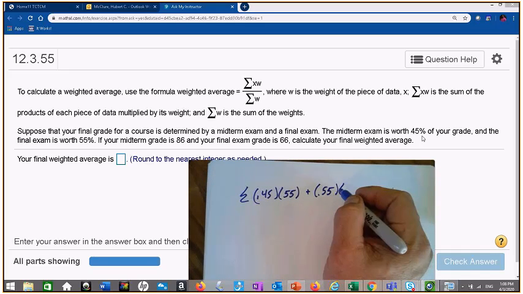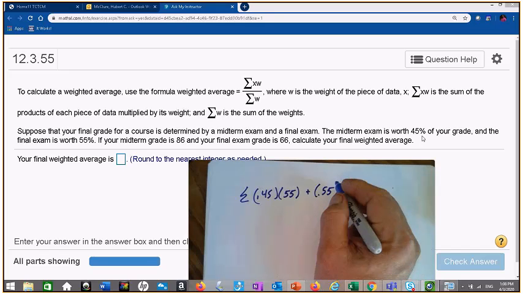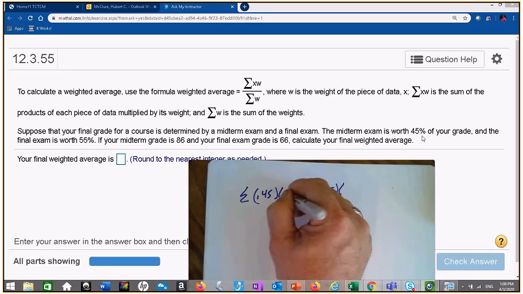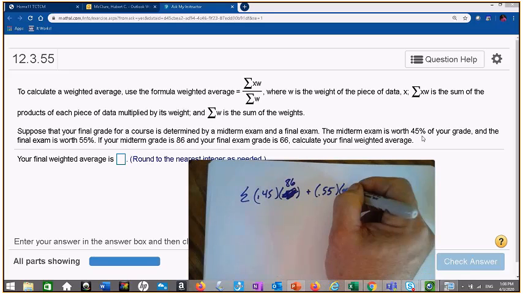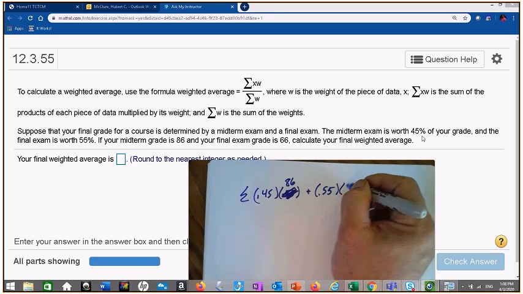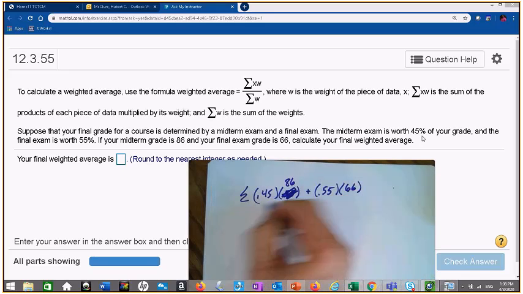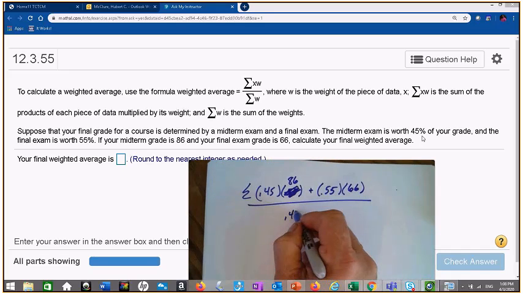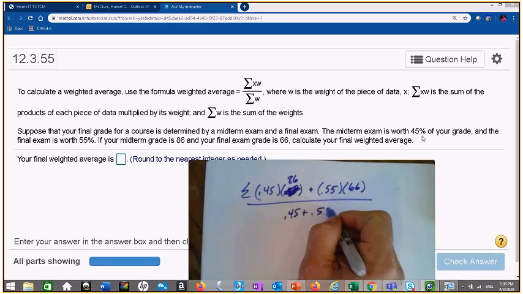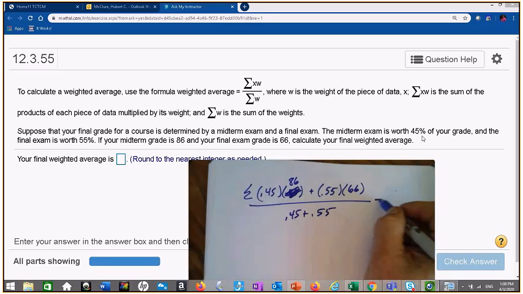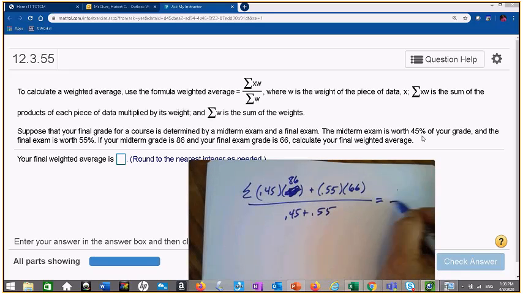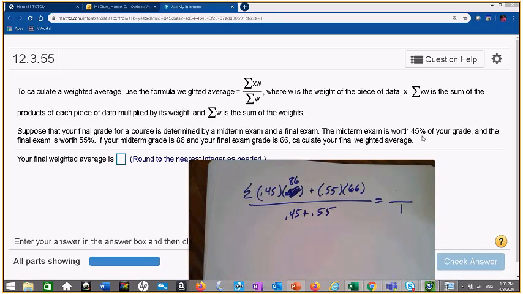Oh, I got the grades mixed up. Midterm is 86, and the final is 66, all over 0.45 plus 0.55. And as I said before, these questions usually are going to give you a denominator of 1.